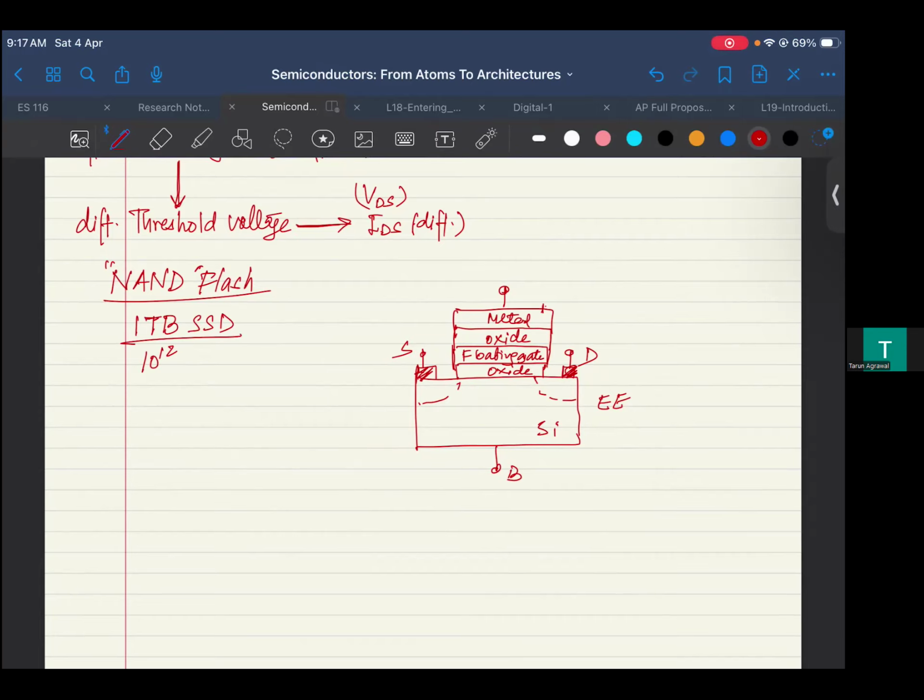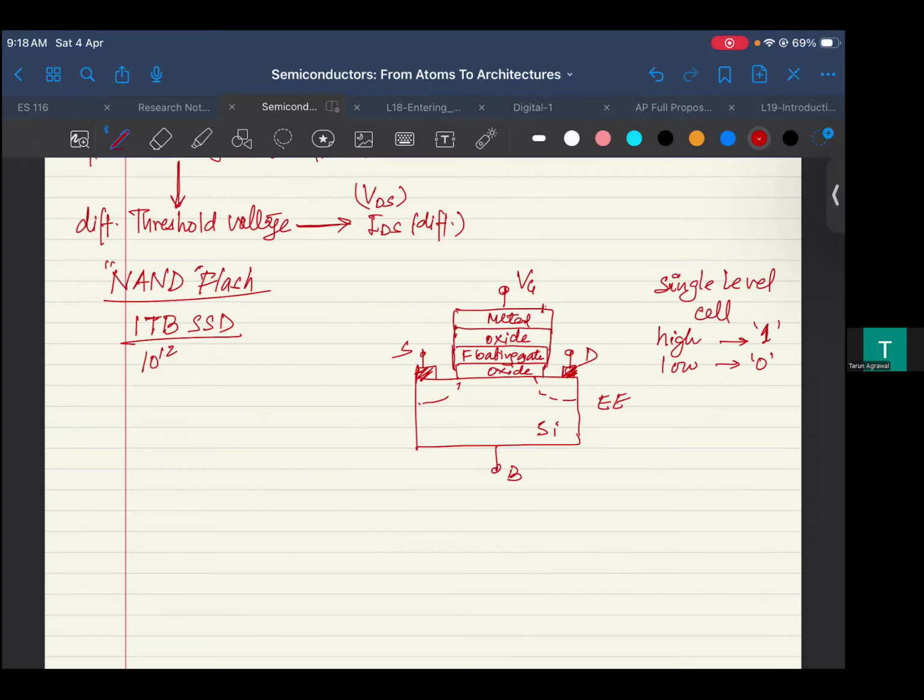Now, to have that many cells, each cell can give one bit or multiple bits. For now, let's consider that each cell is able to store one bit, which is what we know as the single level cell. Based on the charge, a high charge or a low charge would mean that you have 1 or 0.